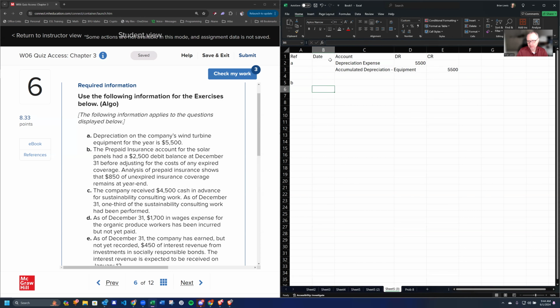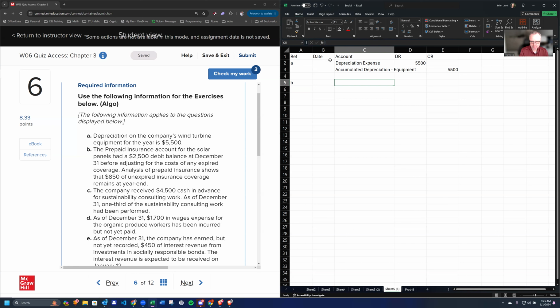Okay. B is prepaid insurance. The account for the solar panels had a $2,500 debit balance at December 31st before adjusting for the cost of any expired coverage. Analysis of prepaid insurance shows that $850 of unexpired insurance coverage remains. So we want to make sure we're hitting $850.